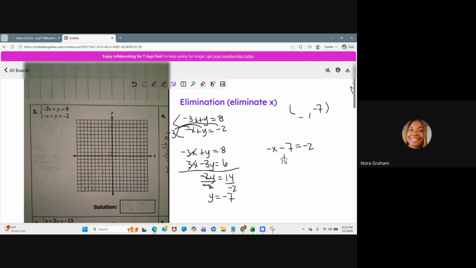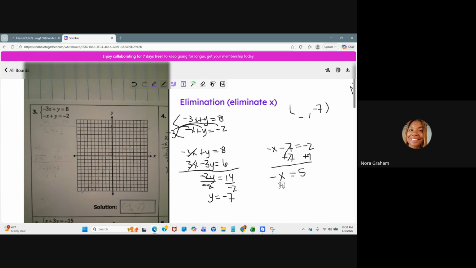So I add 7 to both sides. Now this right here is just basic algebra. This negative x is just coming along for the party. These 7s cancel out. Now I'm going to get 5.